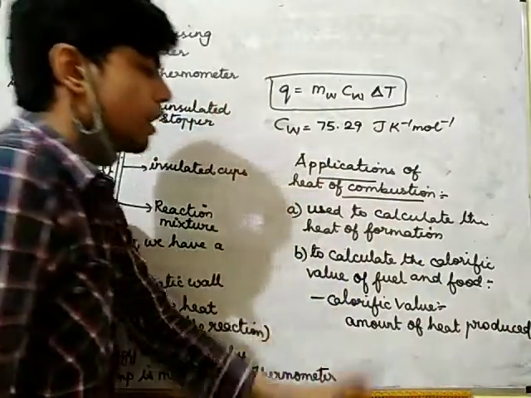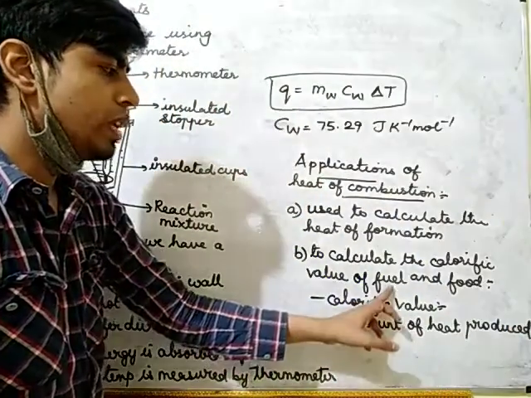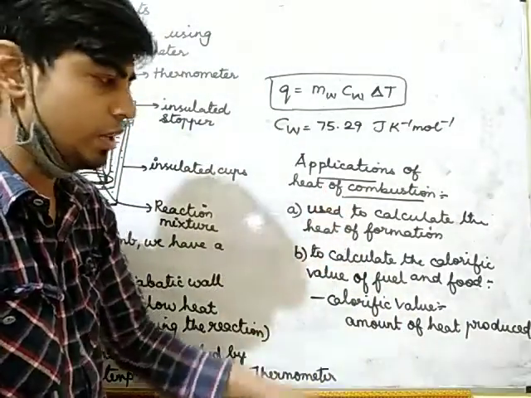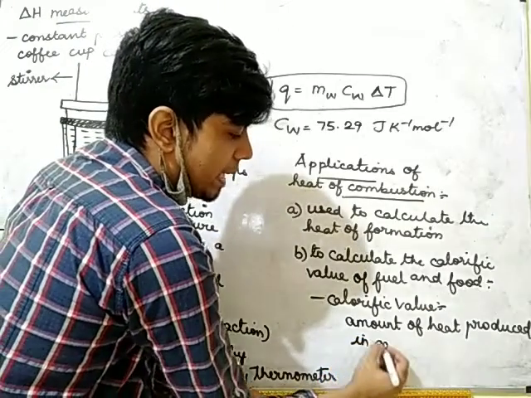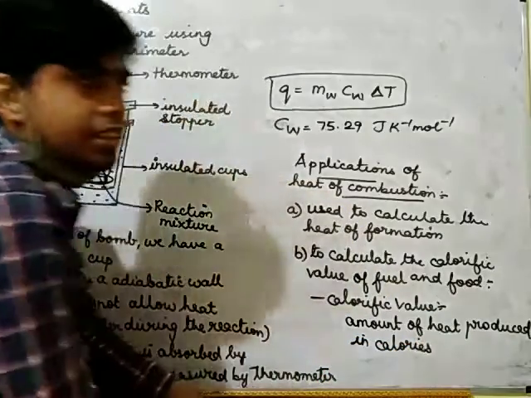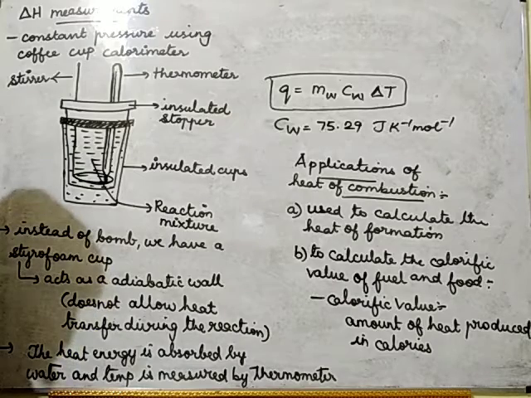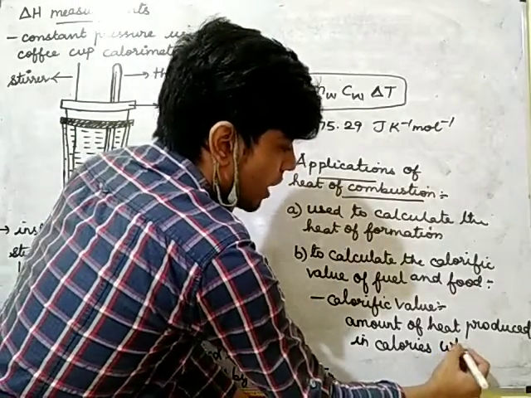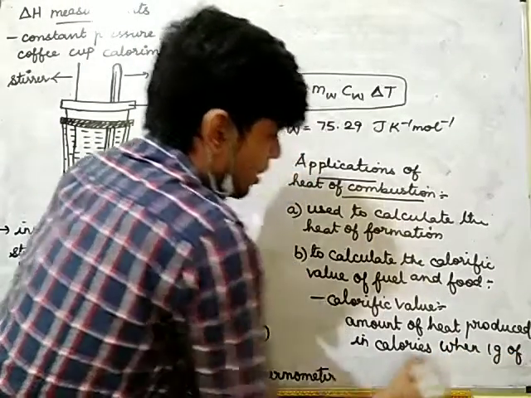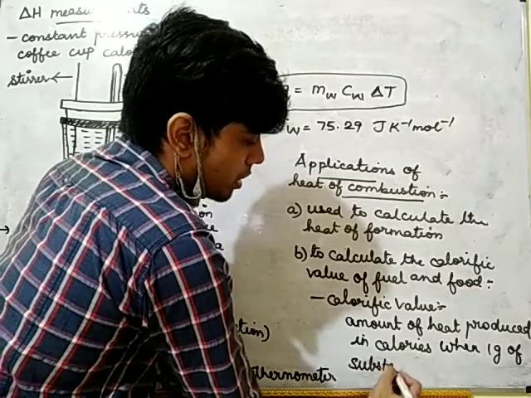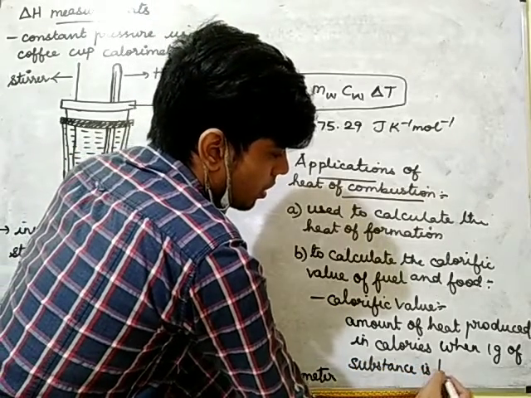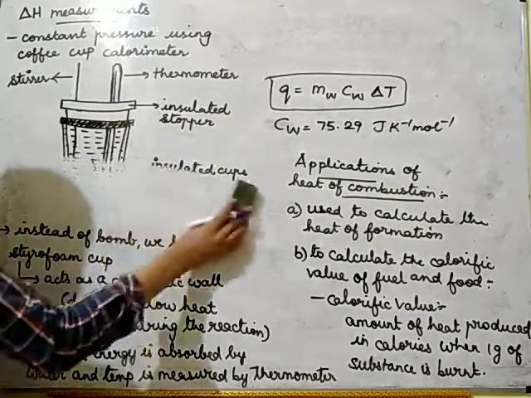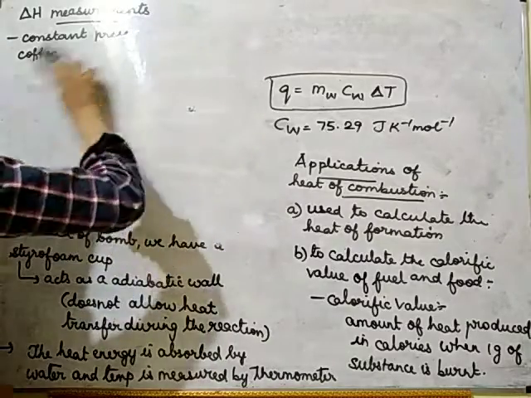A good fuel should produce more heat, so it should have more calorific value. We measure the heat in calories. The amount of heat produced in calories when 1 gram of a substance is completely burnt is called the calorific value.